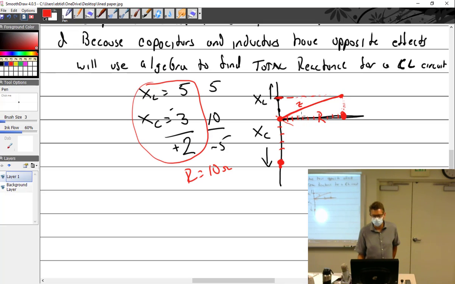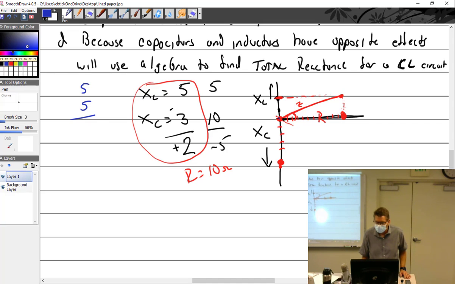Then you're almost done. You figure out what this angle is right here. This is called theta, and that's your phase angle. So if I had a perfectly balanced circuit, with 5 x of L and 5 x of C, what is my total reactance? 0.